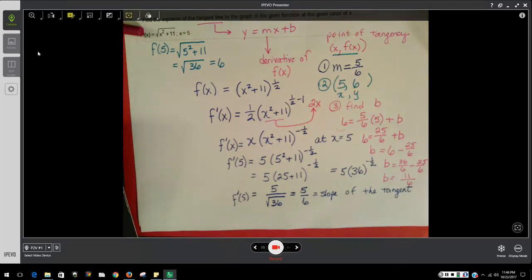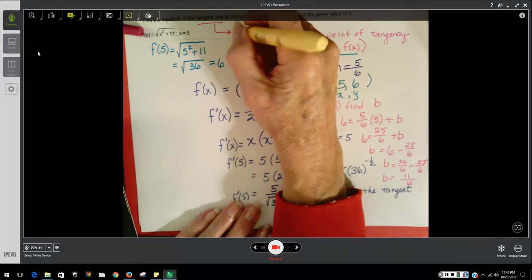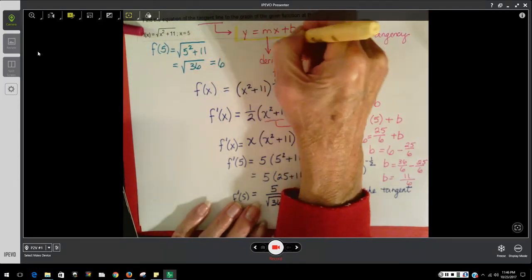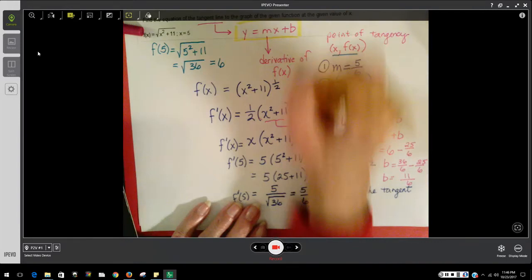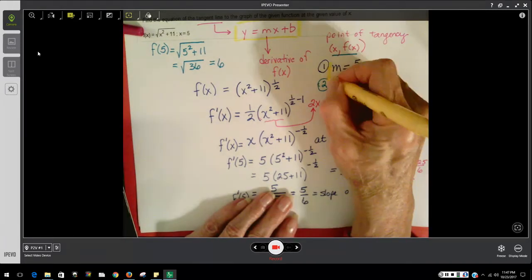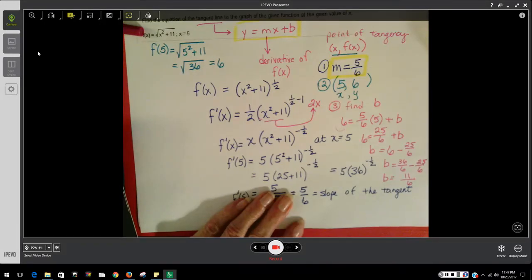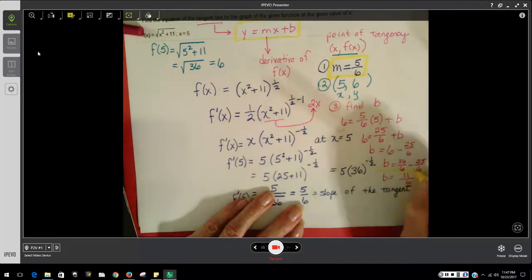So going back one more time, since it's a line, it has the equation y equals mx plus b. We know that the slope is m equals 5/6. We know that the y-intercept b is equal to 11 over 6.